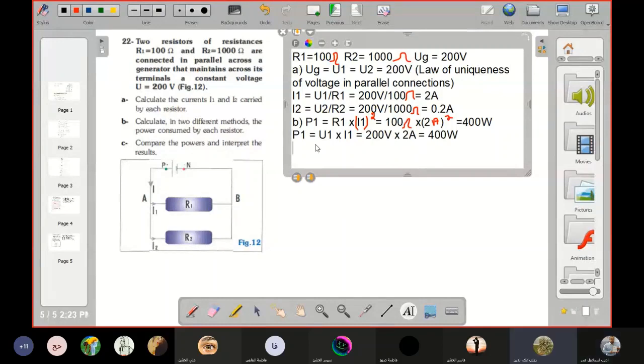Calculate in two different methods the power consumed by each resistor. Now Fatima calculated P1 in two different methods. You should calculate P2 in two different methods.